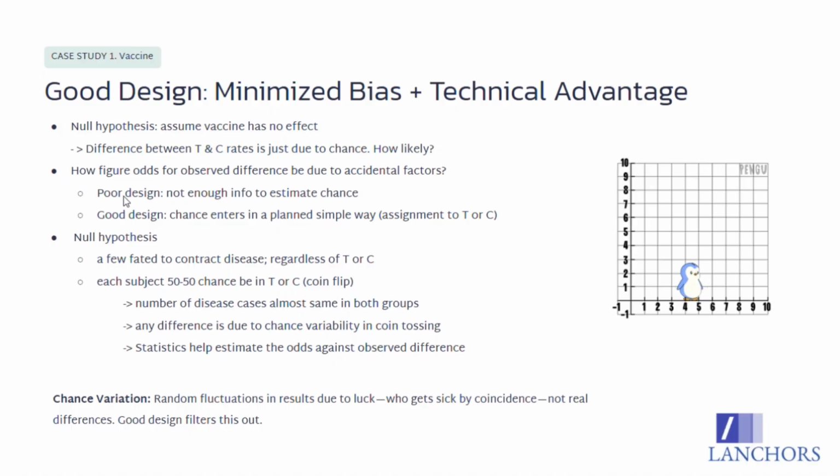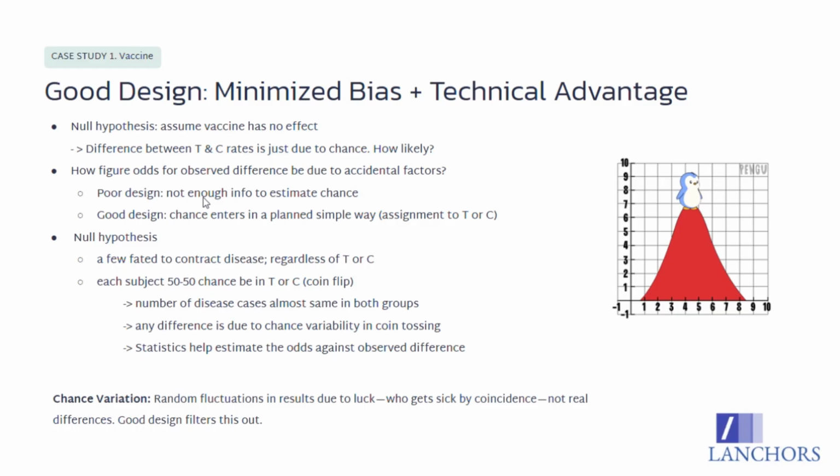So this is a very key technical advantage of a randomized controlled experiment, because you can calculate the likelihood of getting the result that you observe, the difference between two groups. You assume there is no effect, and then you calculate how likely it is that you see this observed difference.